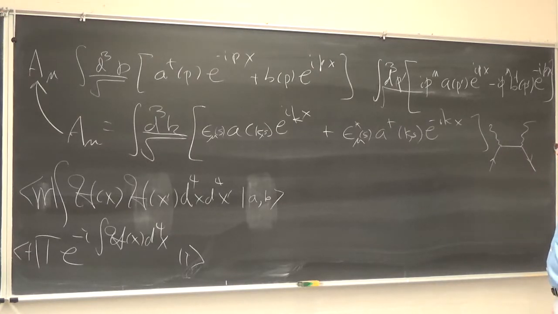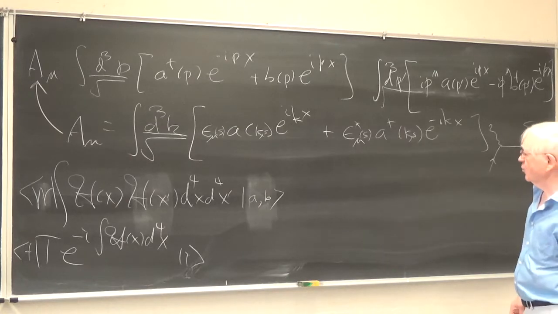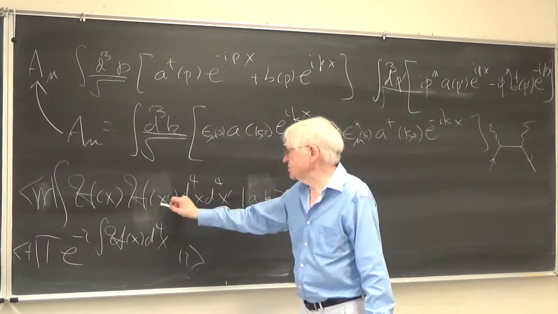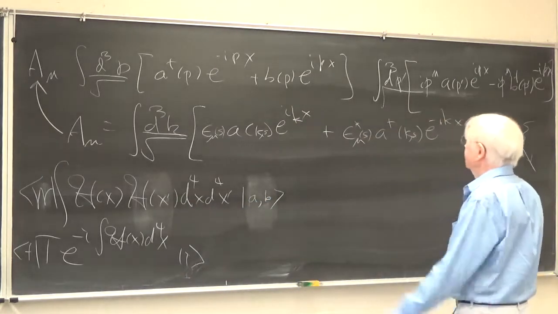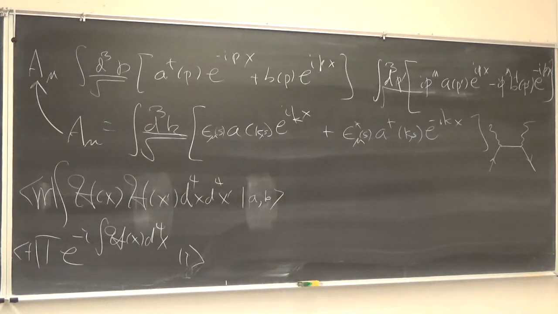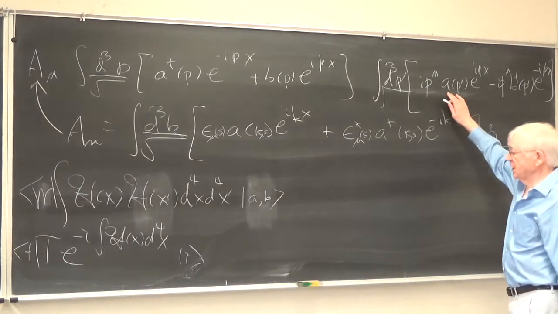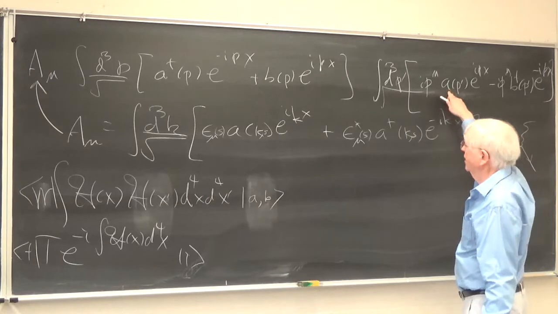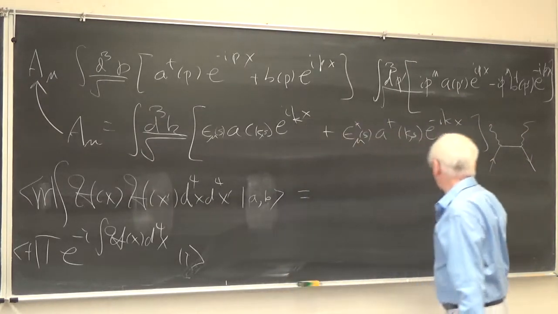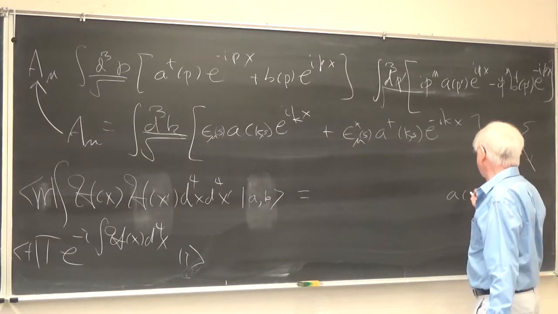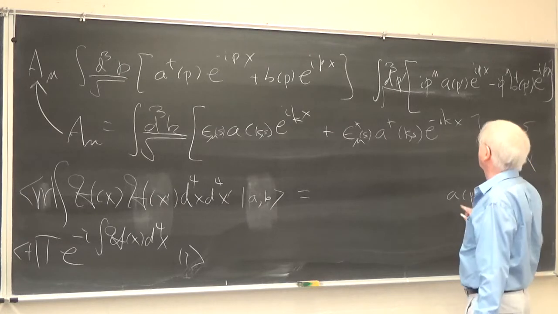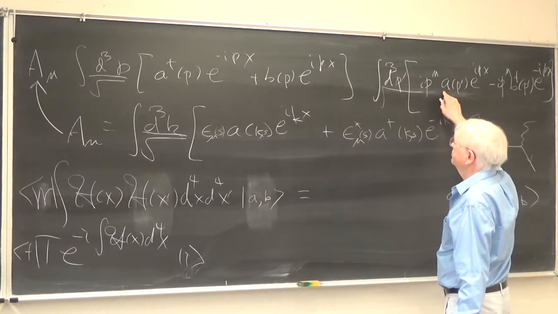And so what will happen here is that at one vertex, you have one of these H's, and that's one of these terms. And the annihilation operator here will annihilate, so this will have one annihilation operator, say a of p prime, from here.